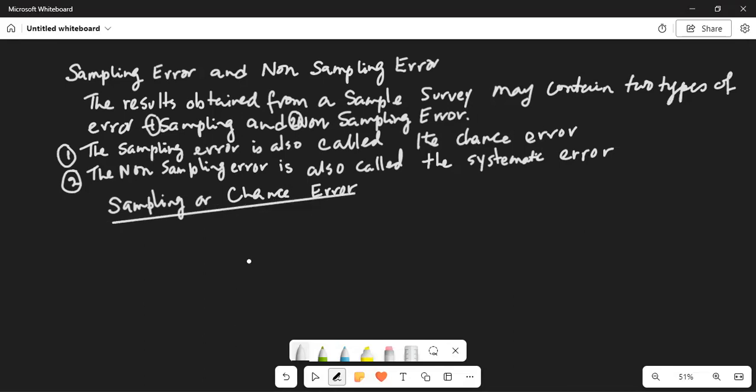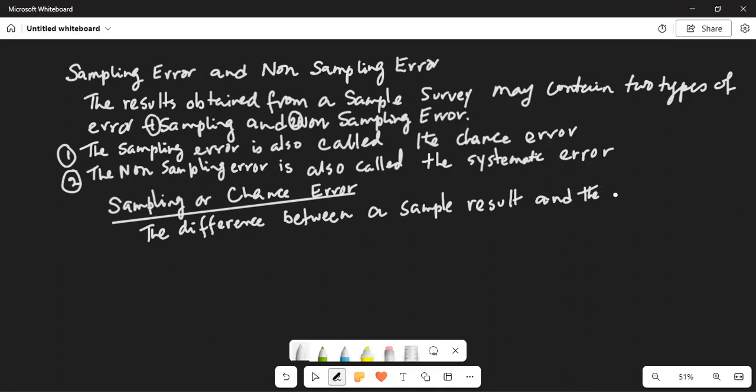The difference between a sample result and the result we would have obtained by conducting a census.